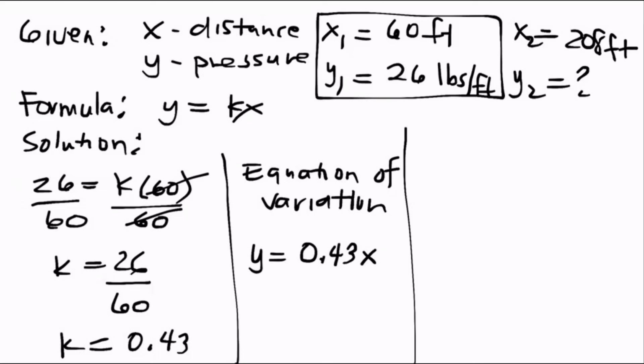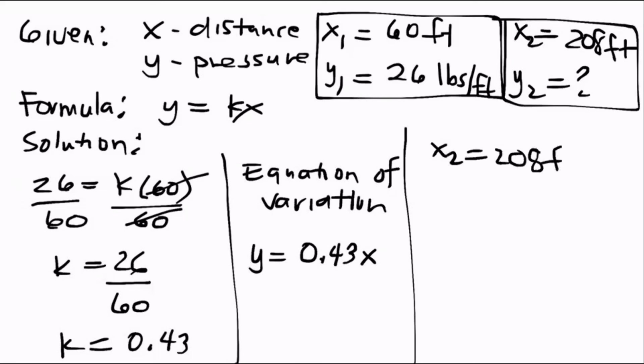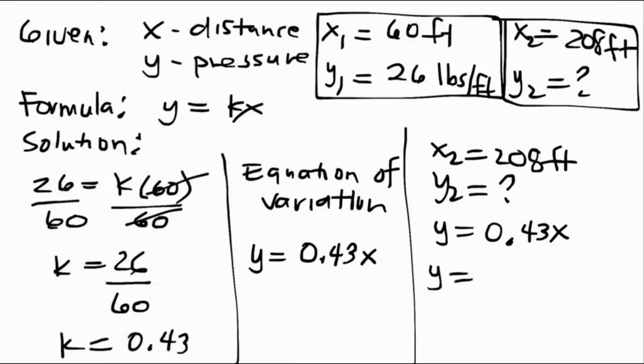Next, so now let us identify the unknown, such as according to here, we will be now using the second given, particularly we have x sub 2 is equivalent to 208 feet. We have y sub 2 is equivalent to unknown, and our equation of variation is y is equivalent to 0.43 then x. So now let us substitute the given. So we have y is equivalent to 0.43 multiplied by 208.